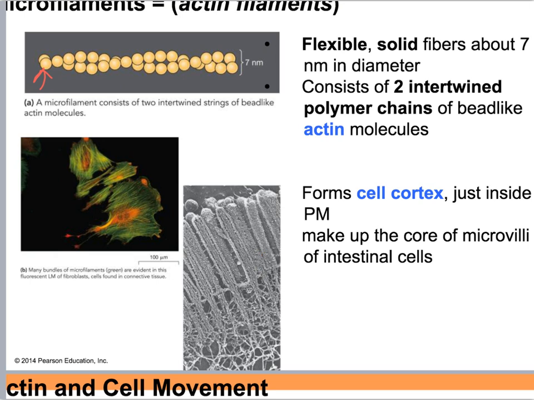If we look at an electron microscope view of this, we can see all of these fibers here. All of these fibers represent those microfilaments. They're making up that cell cortex. Not only are they here just below the microvilli, but they actually go up into the microvilli, giving them some structure also. So microfilaments play a role in giving structure to the cell.